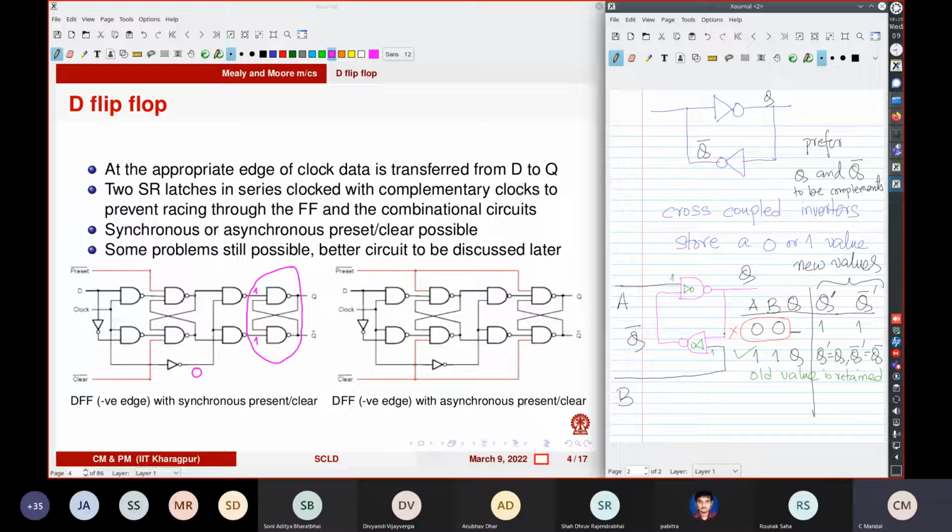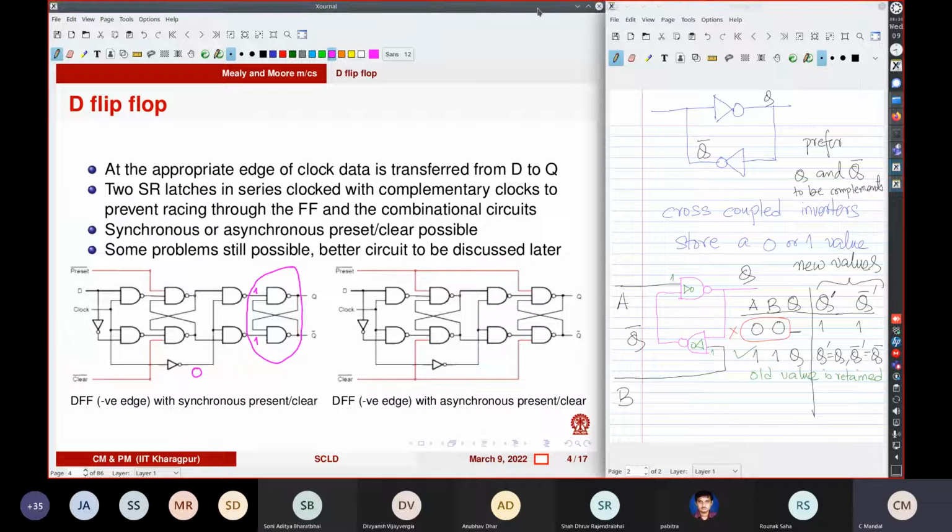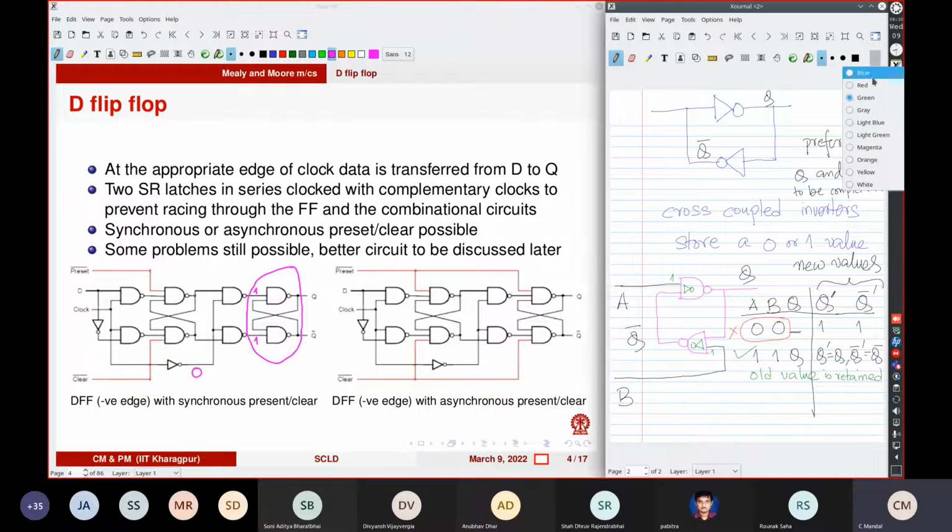you also want to set that value to something. So you would also like to store a 0 or a 1. So let us see if we can store a 0 or a 1. What if you set A to 0 and B to 1? So the moment you set A to 0, this one goes to 1, and this is 1.